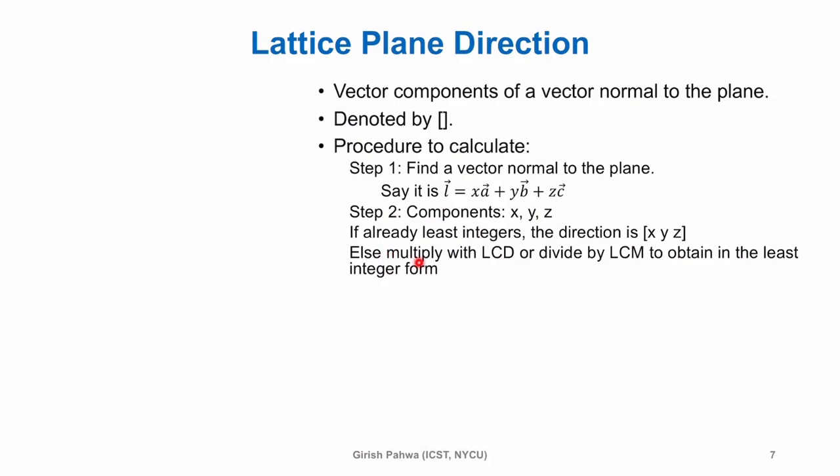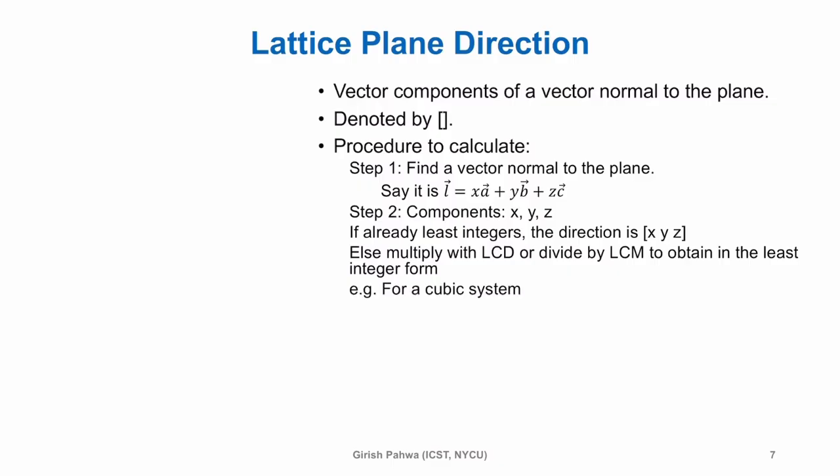For example, you multiply them with the LCD, the least common denominator, say they are fractions like 1 by 2, 2 by 3, 4 by 5. Take the LCD and multiply with that, so that you convert them into integers, and they will be the least integers. Or you can also divide them by the LCM, if you can take some factors common, to obtain this least integer form. We will see some examples.